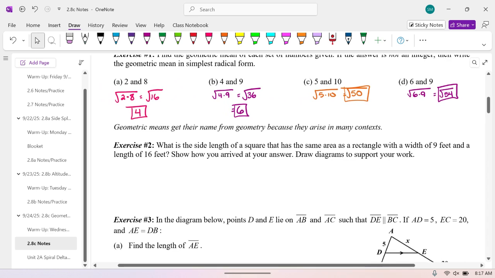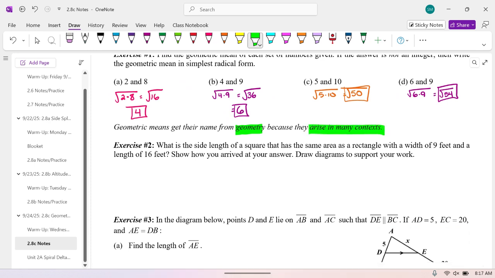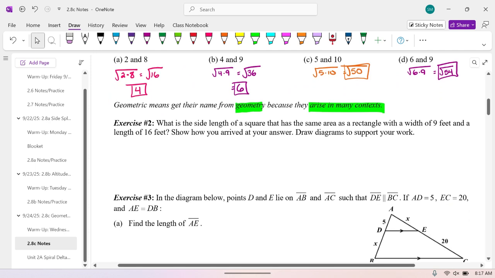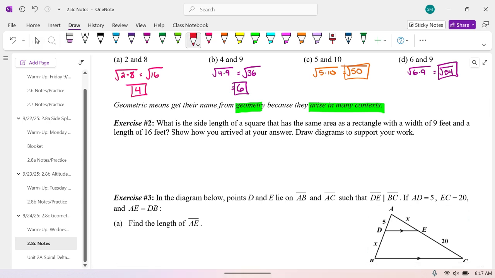Geometric means get their name from geometry, because they arise in many contexts in geometry. So now we're kind of in triangle land a little bit. Let's try exercise 2. What is the side length of a square that has the same area as a rectangle with a width of 9 feet and a length of 16 feet?